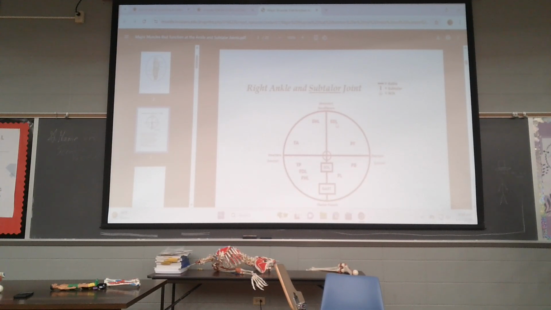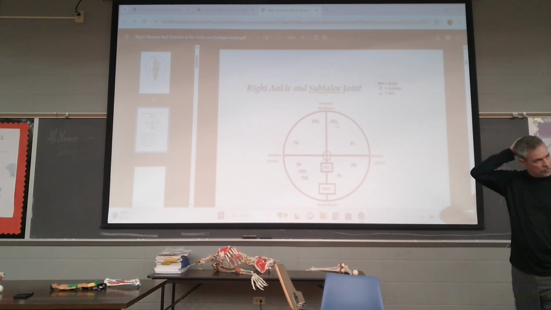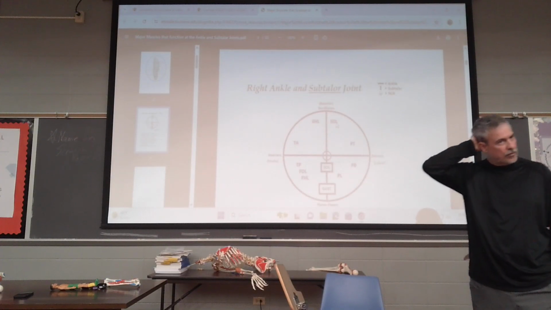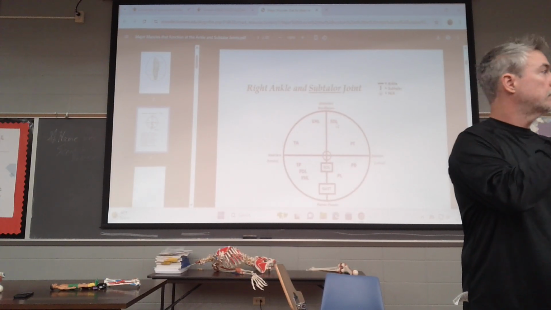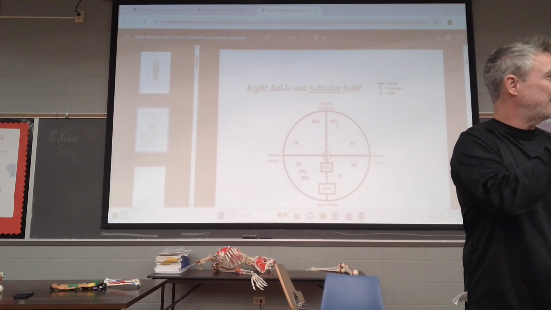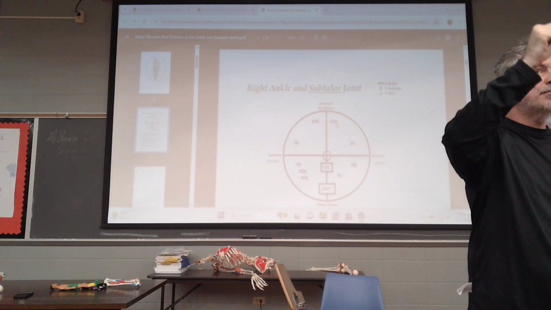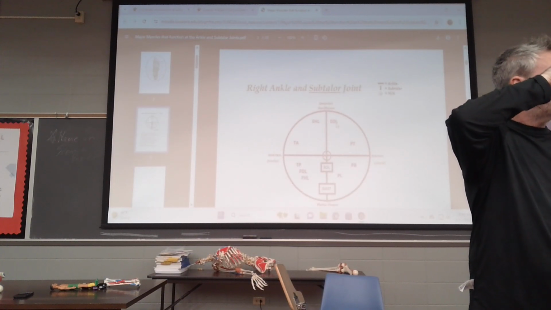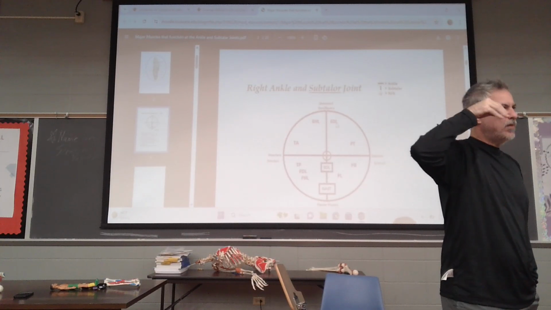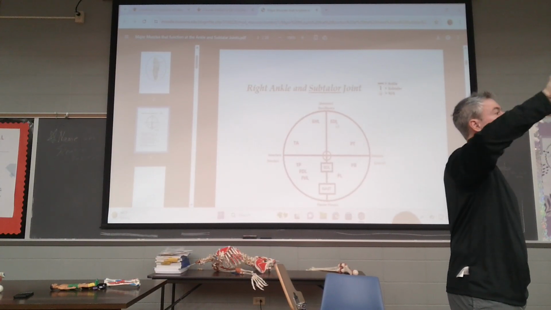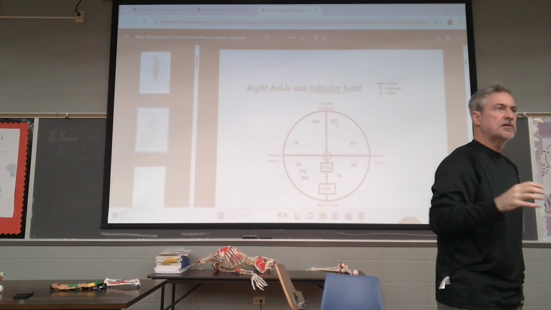You also have extensors to your second, third, fourth, and fifth toes. Your big toe gets its own, because your big toe is kind of an important digit, kind of like your thumb is an important digit. The other four kind of get one muscle that fans out to the four of them to work in unison.